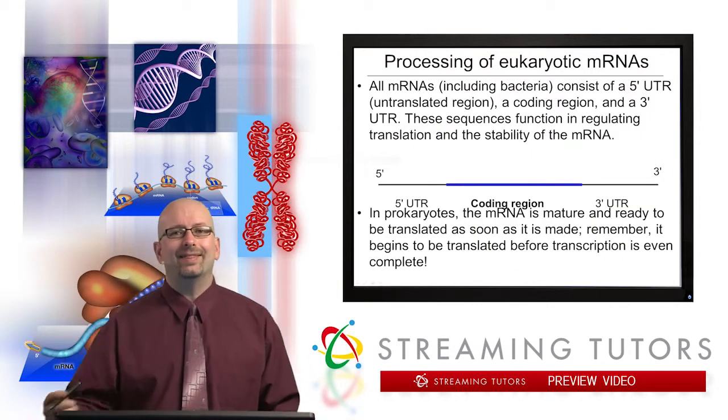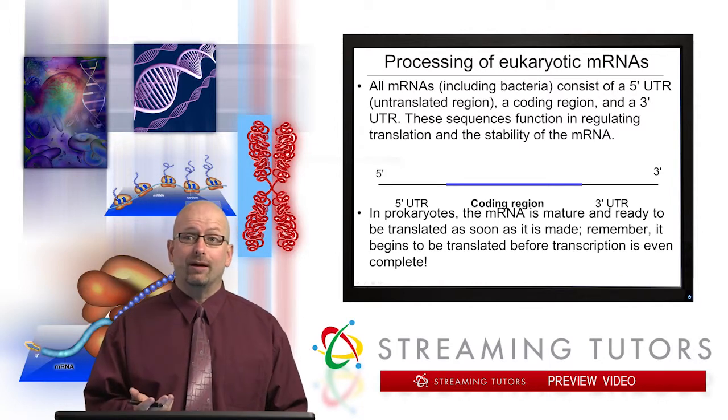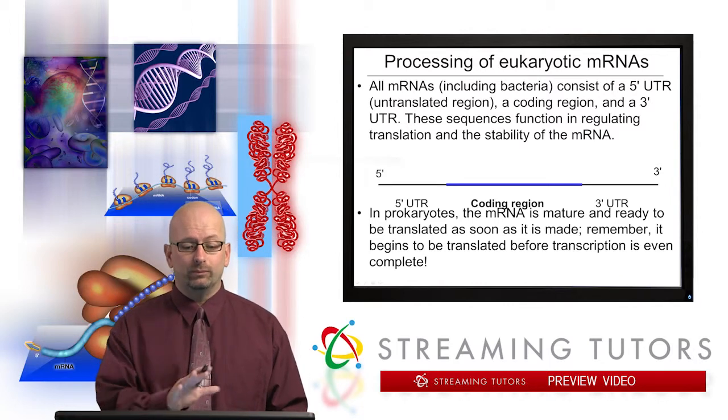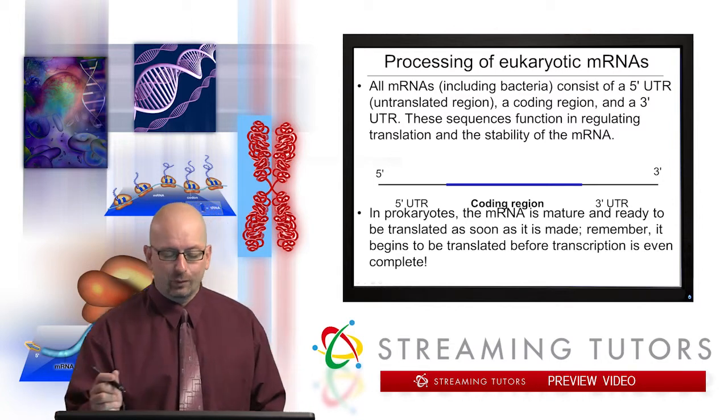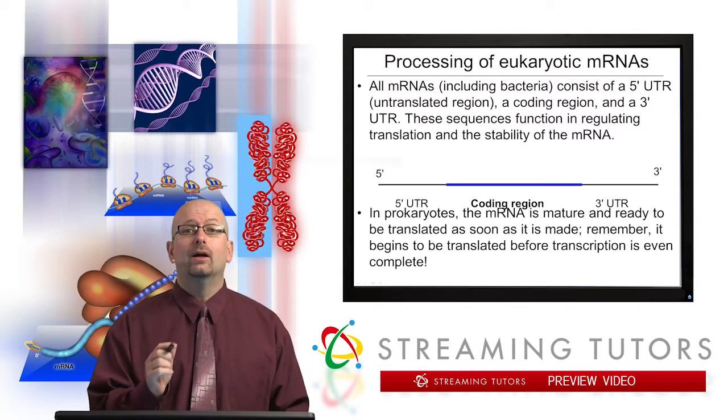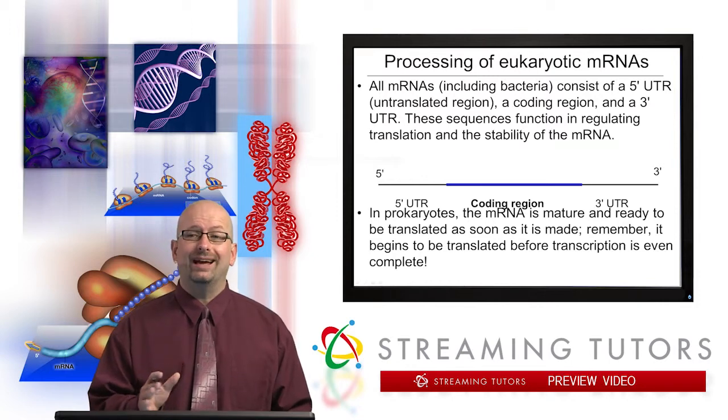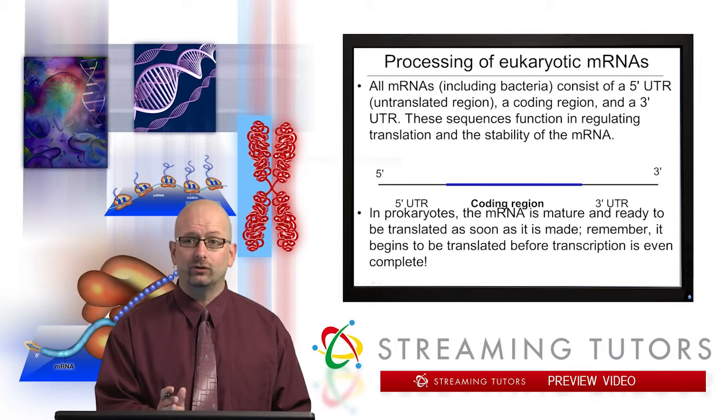So one thing that I think is not emphasized sometimes enough, and it has to do with the general idea of processing here, but I want you to understand something before we even look at the processing part. All messenger RNAs, and this is probably true of other types of RNAs as well, but let's focus on the message.